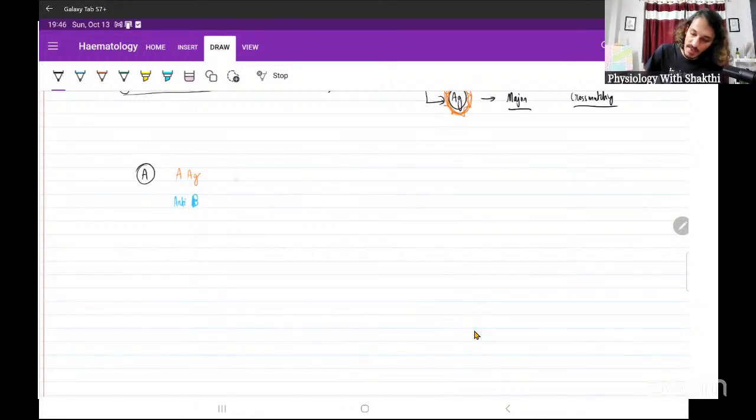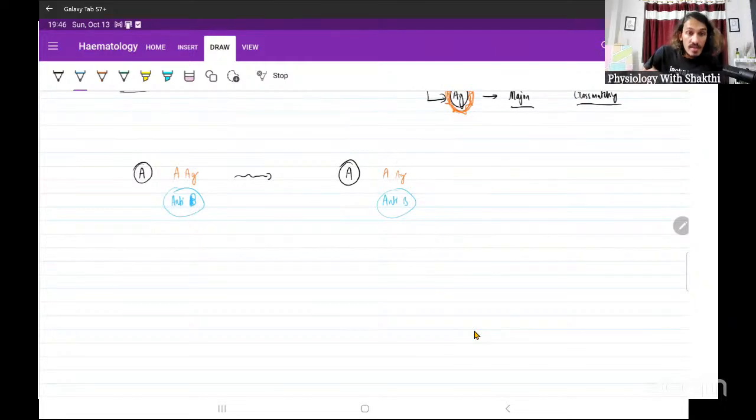Now this person can give the blood to another person who's A, because that person is also having A antigen and anti-B. So neither of these anti-Bs is going to react to any B antigen. And none of the A antigen is going to result in immunogenicity because it is self for each of them.